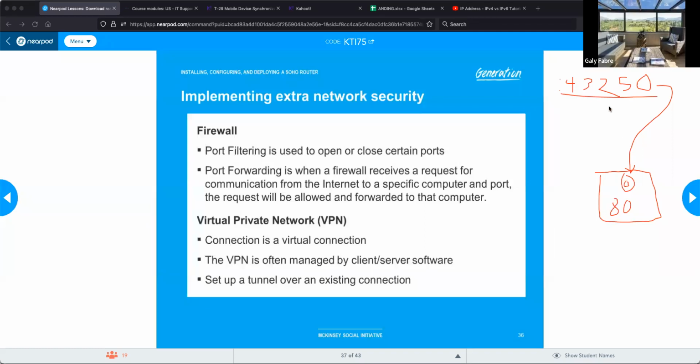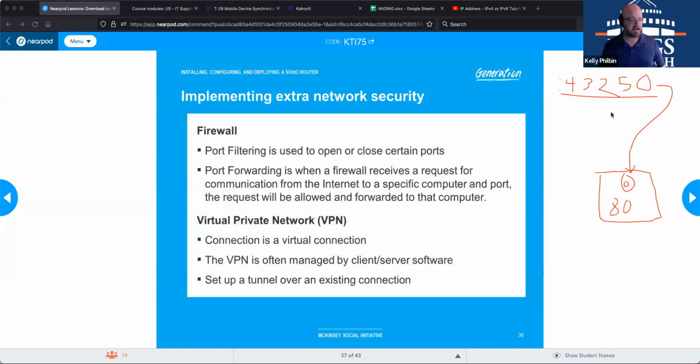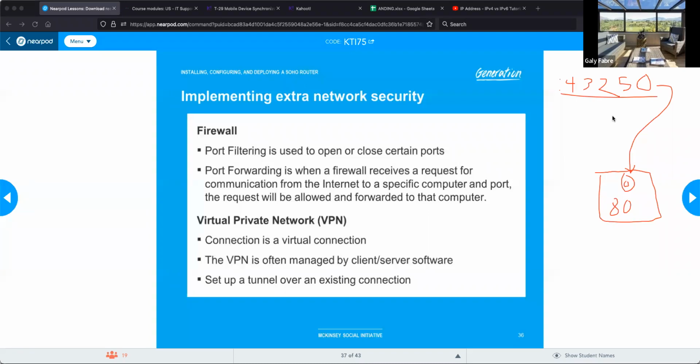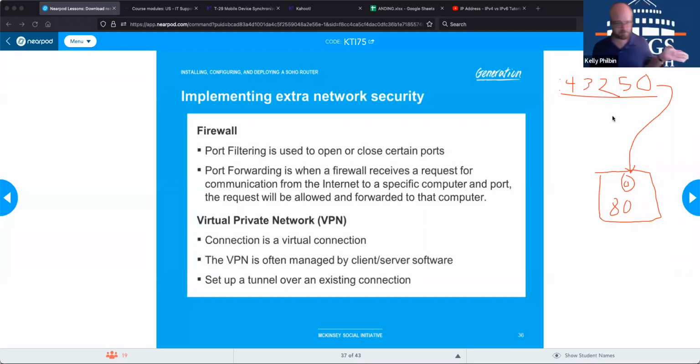Now, for security for my house, I have port 80 turned off because that's going to be one of the first ports, if somebody's doing a port scan, that they're going to try to hit. So that's the most common port that a hacker is going to try to hit. So I turn that off. But if I'm away from the house, I still want to be able to view my security cameras and make sure my house is okay, right?